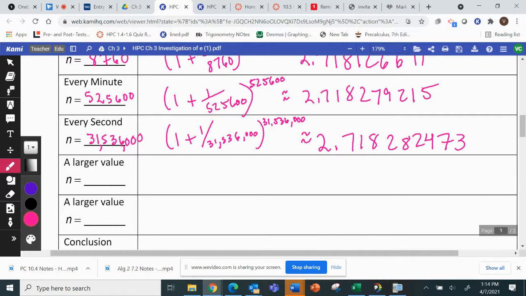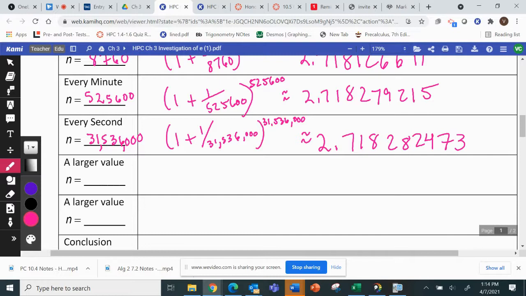Okay, those of you that have chosen your larger numbers, I haven't on my screen yet. But those of you that have, we are finding what number it is getting closer and closer and closer to.